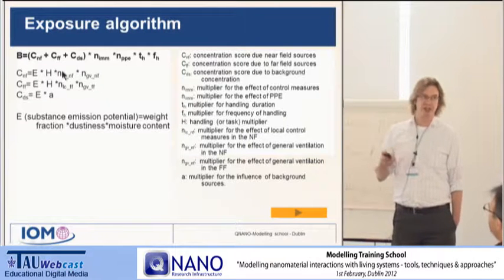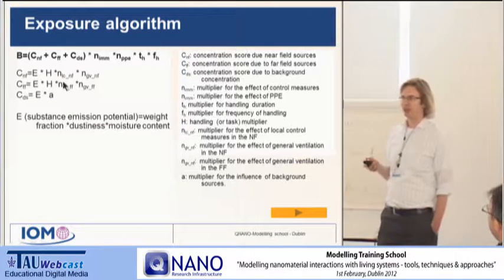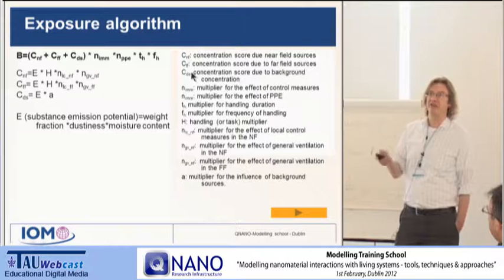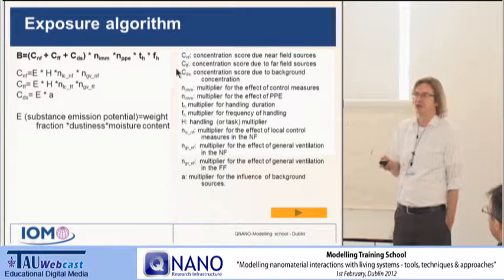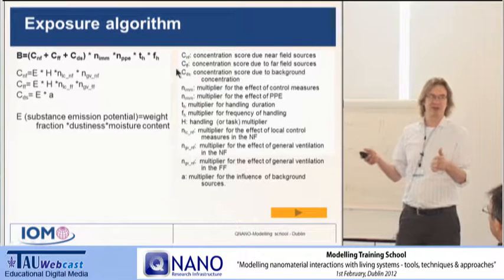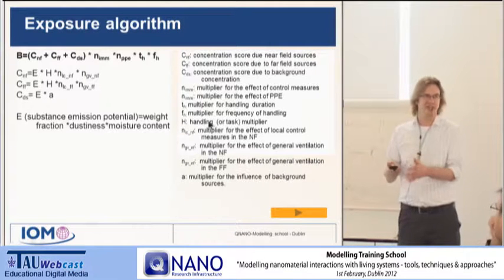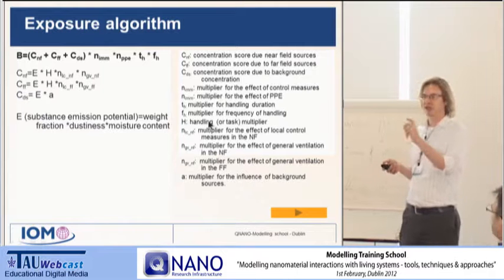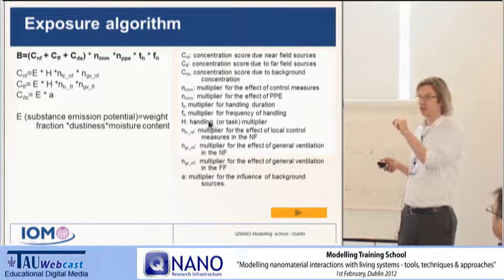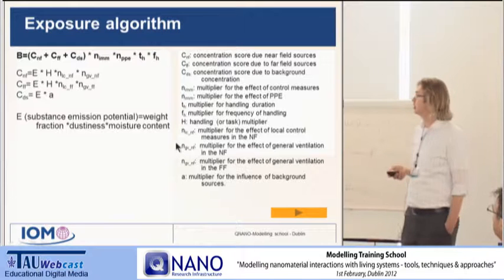They have developed a document, with educated guesses or scores based upon evidence, that they've already linked. So what you have to do in the model is basically say, right, there is local exhaust ventilation. The room is 100 to 1,000 cubic meters. This is the type of activity. This is the dustiness, etc. So the tool has already assigned the scores for those determinants. You only have to include the determinants, the factors, in there.